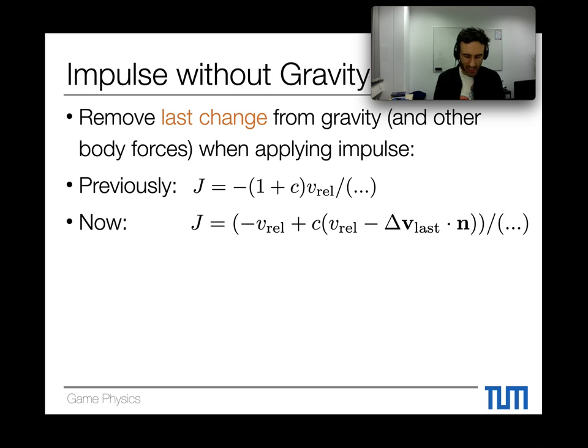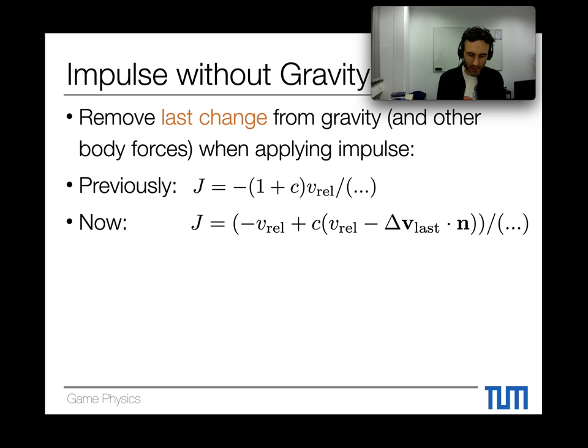That might look slightly unintuitive, but this comes from the fact that we actually do need the full 1 here. So this we don't want to change. Hence, we're keeping basically the relative velocity being multiplied in here.